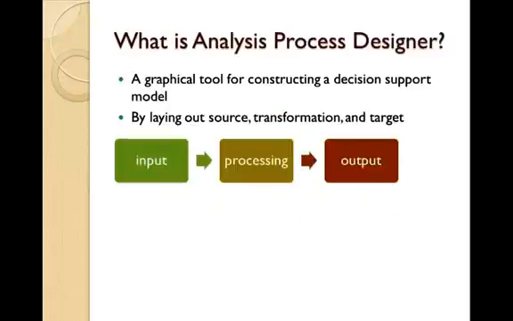The second advanced feature is Analysis Process Designer, which is basically a graphical tool for constructing a decision support model. Okay, and in this model, we have basically three components: source, transformation, and target. Okay, and they basically follow the input, processing, output model that can be used to describe computer operations or software applications and so on.